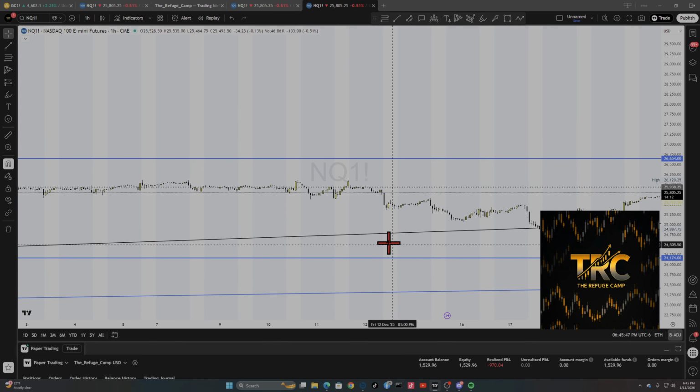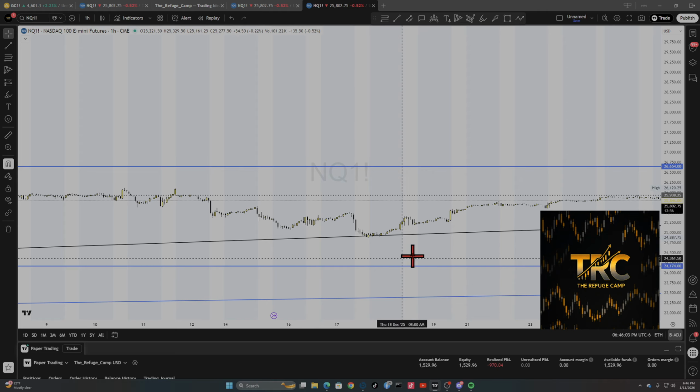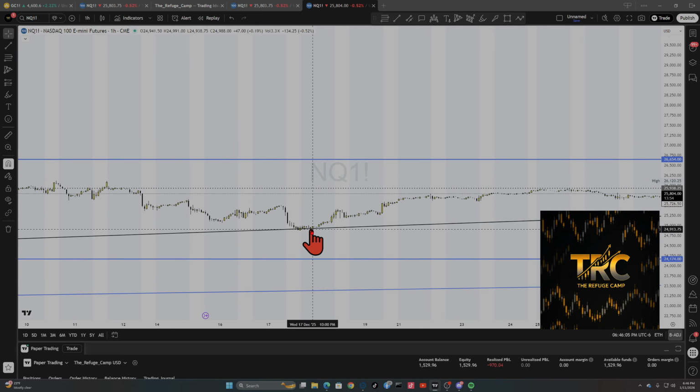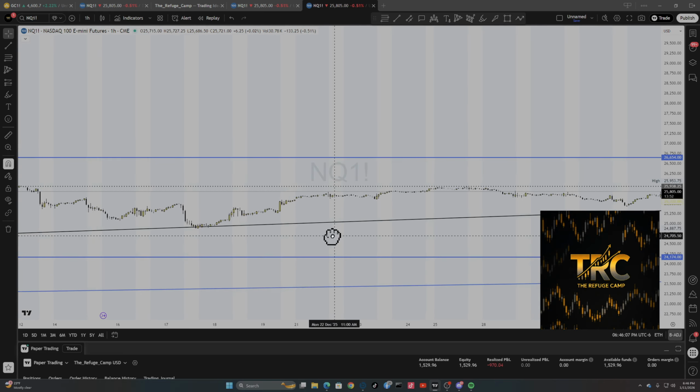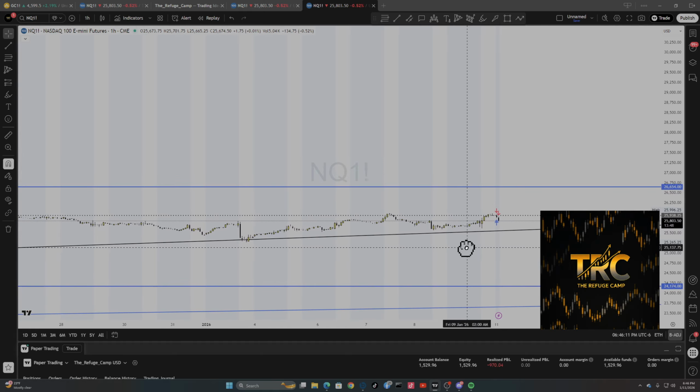So I can clearly see a lot of rejection across the 26, 106, even 120 range here. I can see a lot of support that steps down, right? And again, I can see this overall daily trend line is very, very significant support, right?